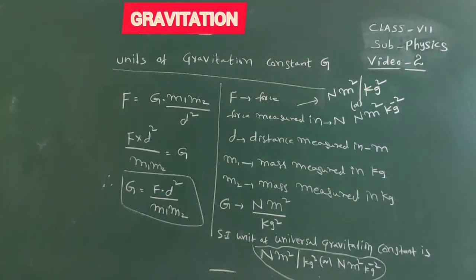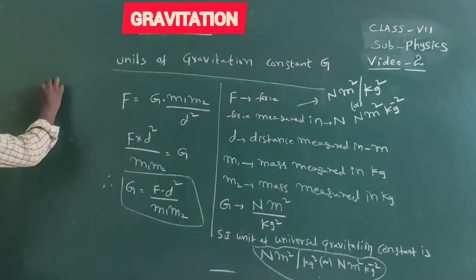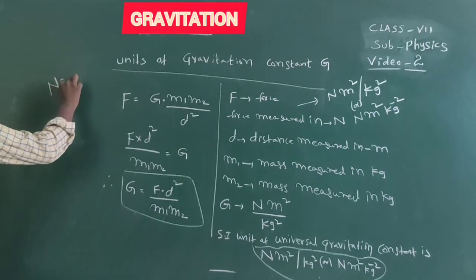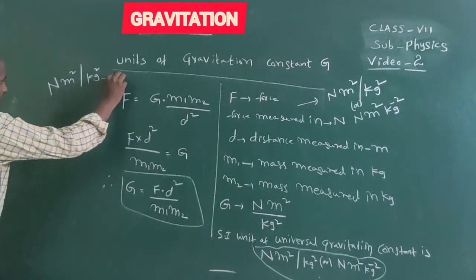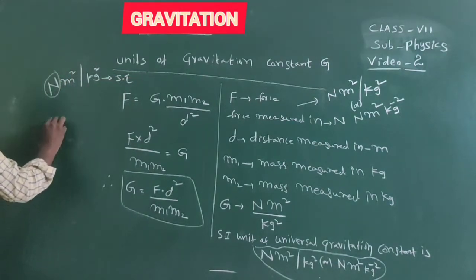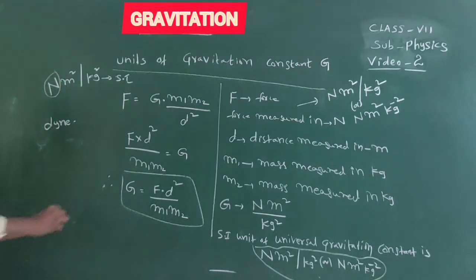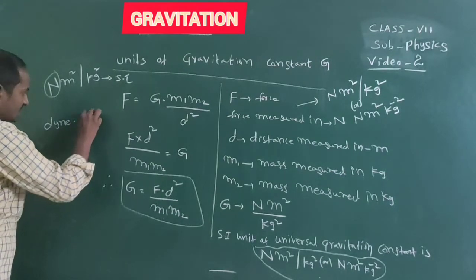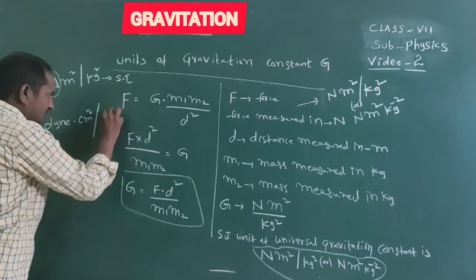Okay, next, CGS units. In the SI system, the unit is newton meter square per kg square. In the CGS system, force is measured in dynes, distance in centimeters, so centimeter square, and mass in grams, so gram square.